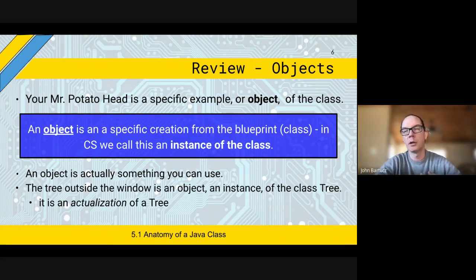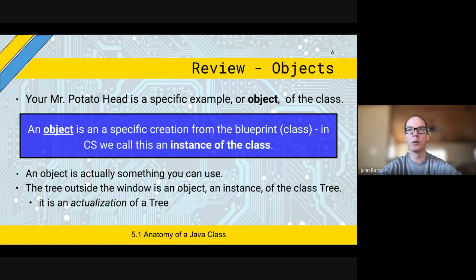So usually, right, we create an object because we want it to represent something, right? A specific student or a specific tree or a specific car, right? It's no longer just the generic, oh, this is what makes up a car or a student. Now we want it to represent a very specific car or a very specific student. And so we have to instantiate an object from the blueprint of that class.